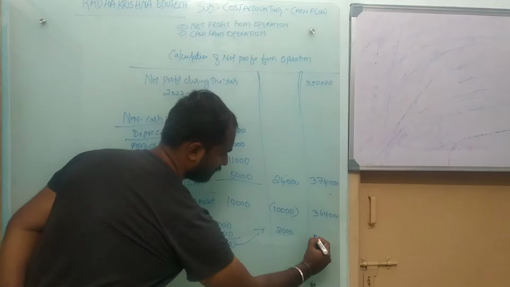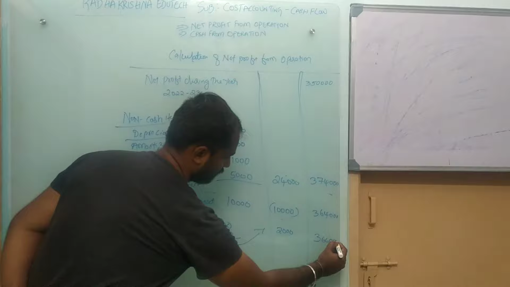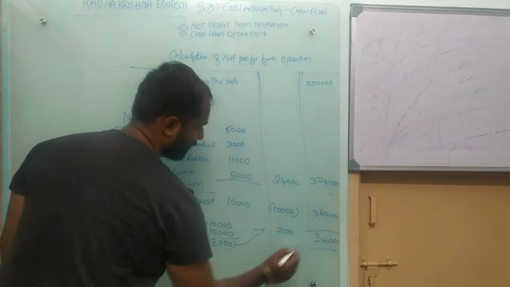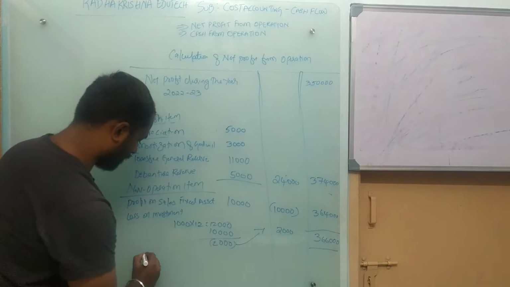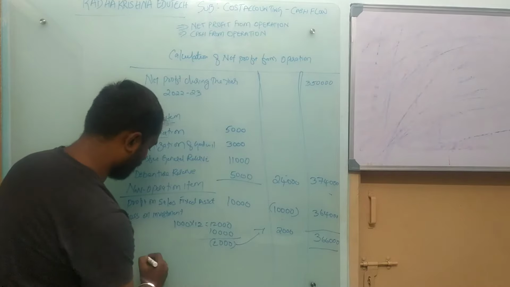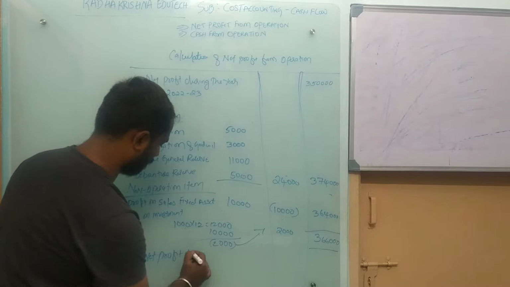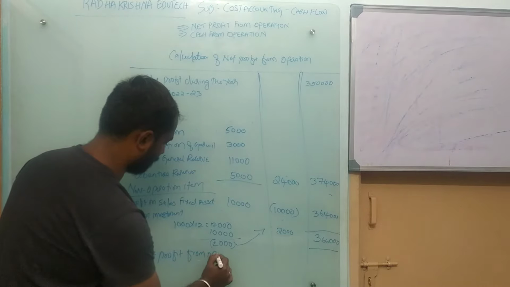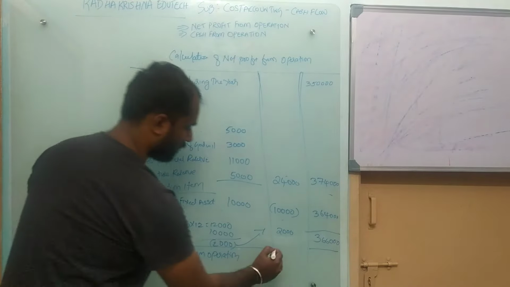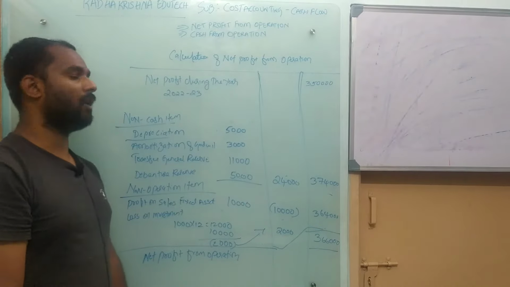So 3 lakh 66,000. This 3,66,000 is your net profit from operation.